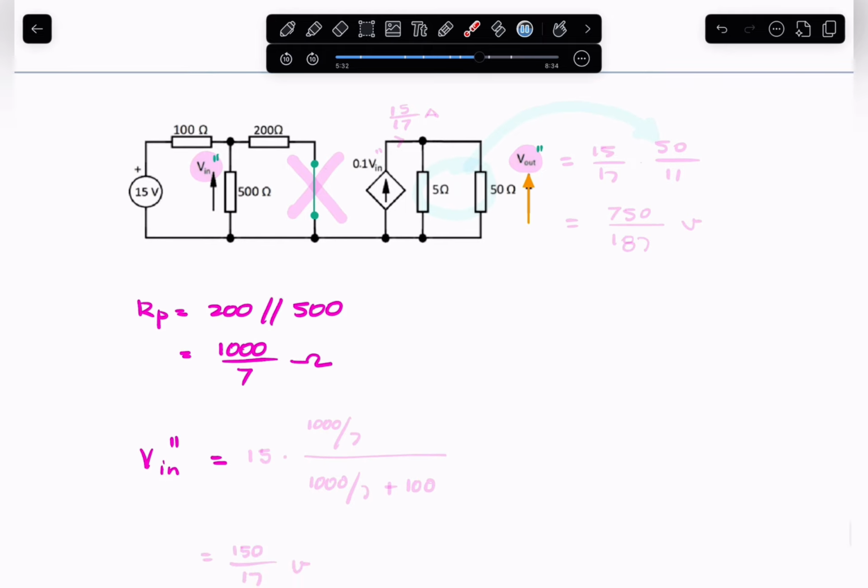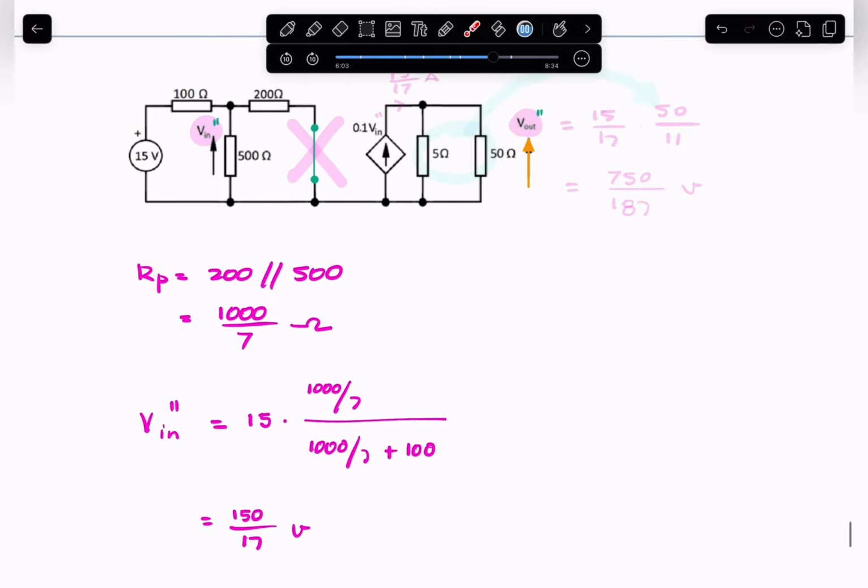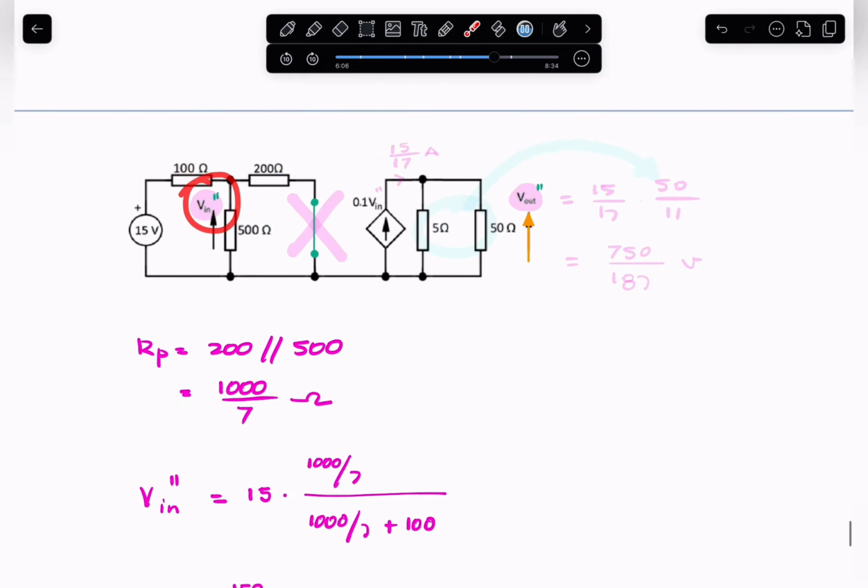So we have our input voltage this time is 15, and we multiply that by 1000 over 7 divided by the sum of 1000 over 7 plus 100. And that gives us 150 over 17 volts.